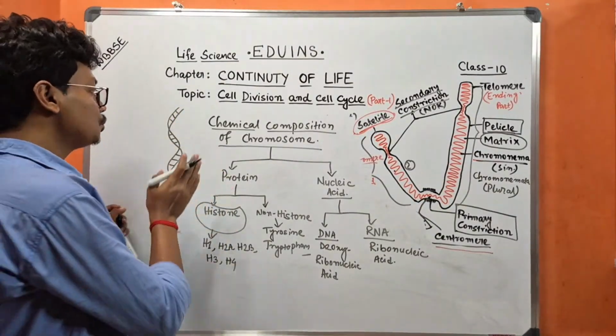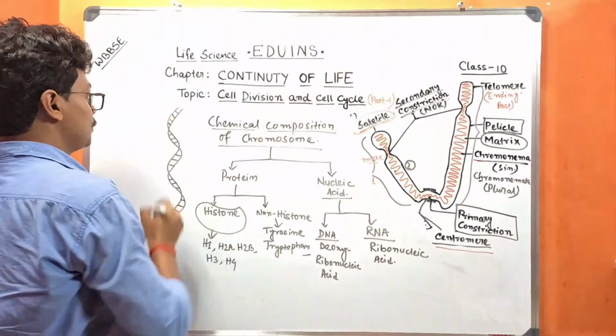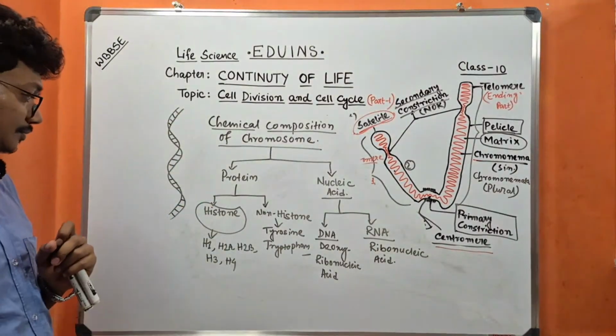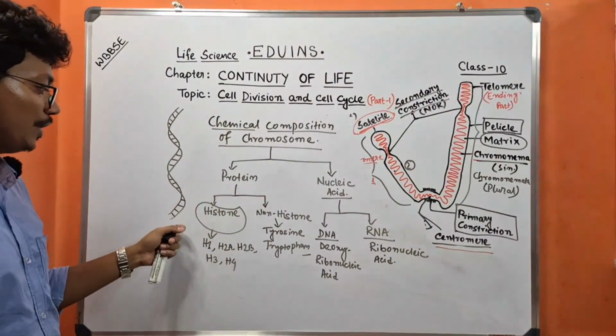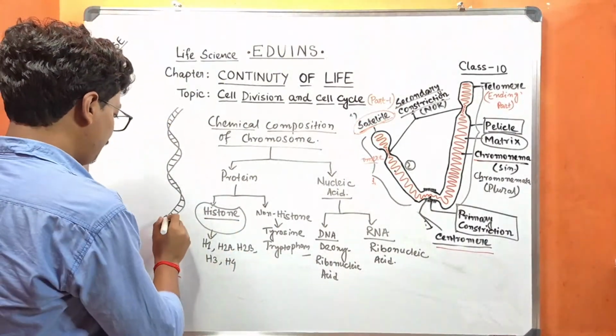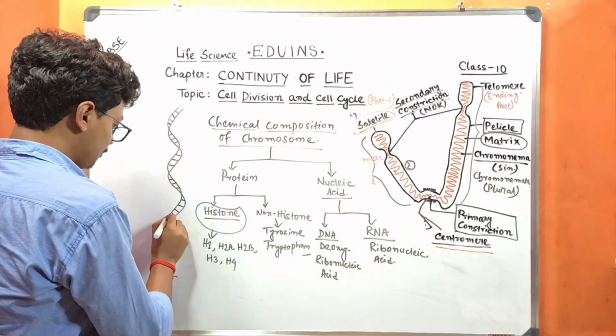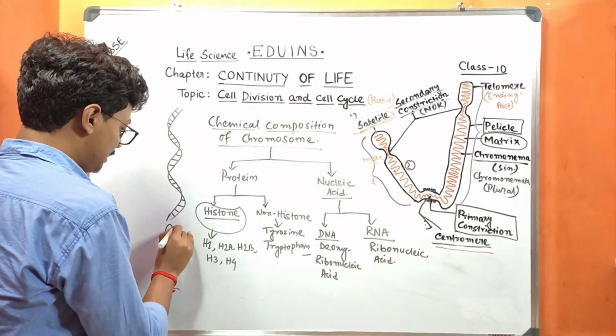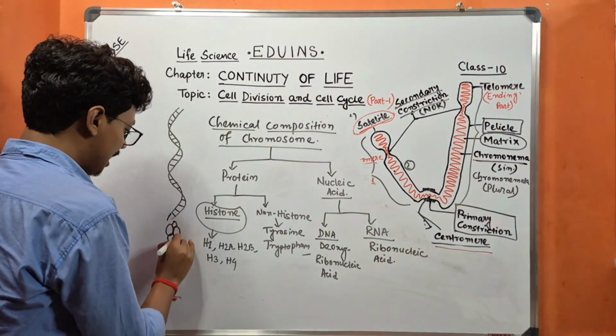It has two strands. This DNA will wrap upon the histone protein, which is present in number of 8.